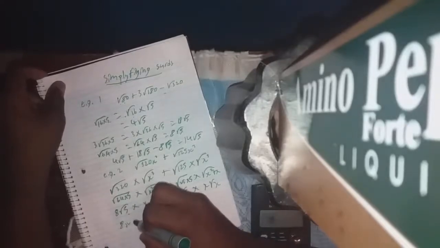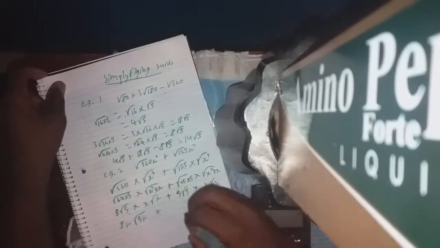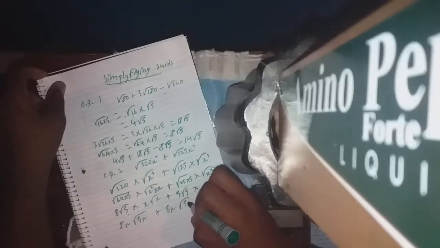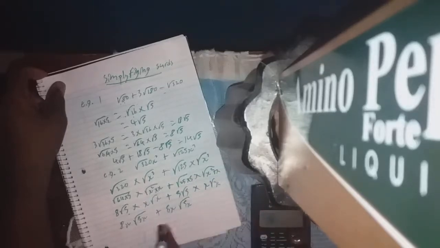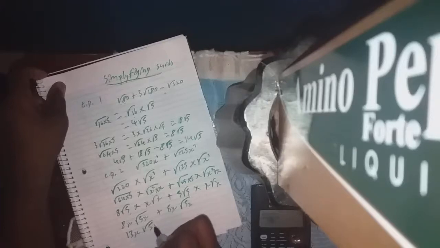And of course, based on the last surd, we can multiply these two under here, so we can end up with 8x square root 5x plus 5x square root 5x. So we have a common surd, and we can just add like regular, so we can just say 13x root 5x.